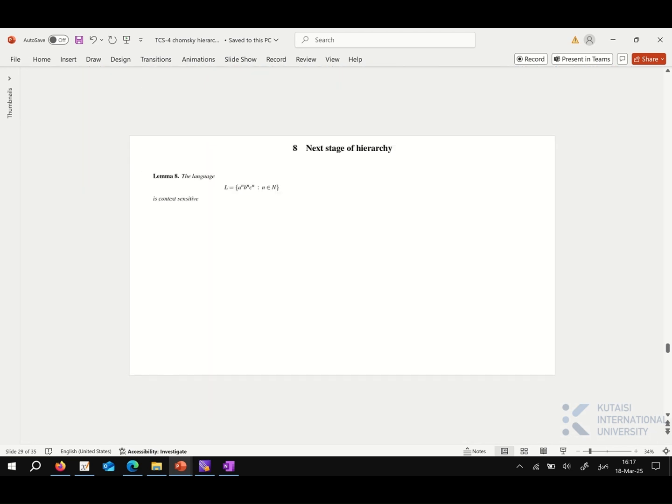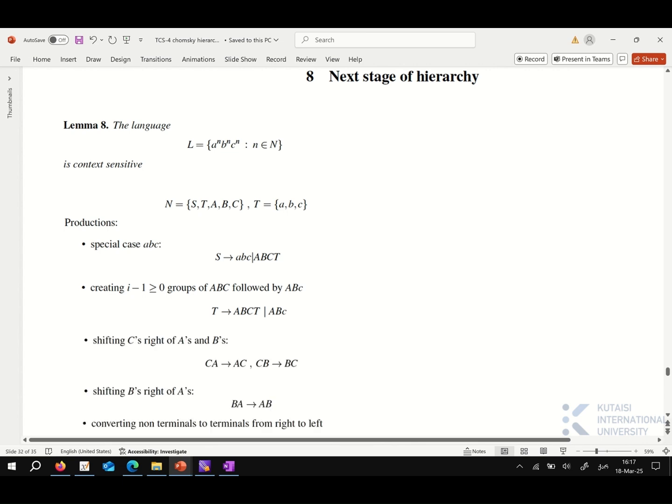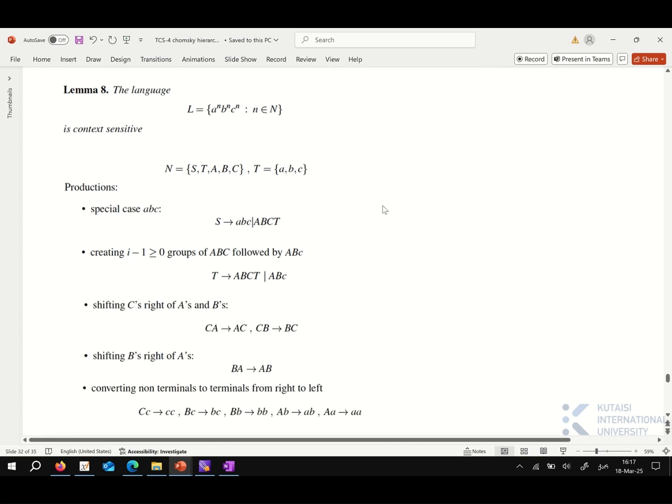And you can actually prove that this thing is context sensitive though. We had the regular language, we had this language a^n b^n, and we proved it's not regular. Then we gave you a grammar, so it's context free. And now I can give you a grammar, namely this one, that generates this language. And so here is the grammar. I'm not gonna go into this.